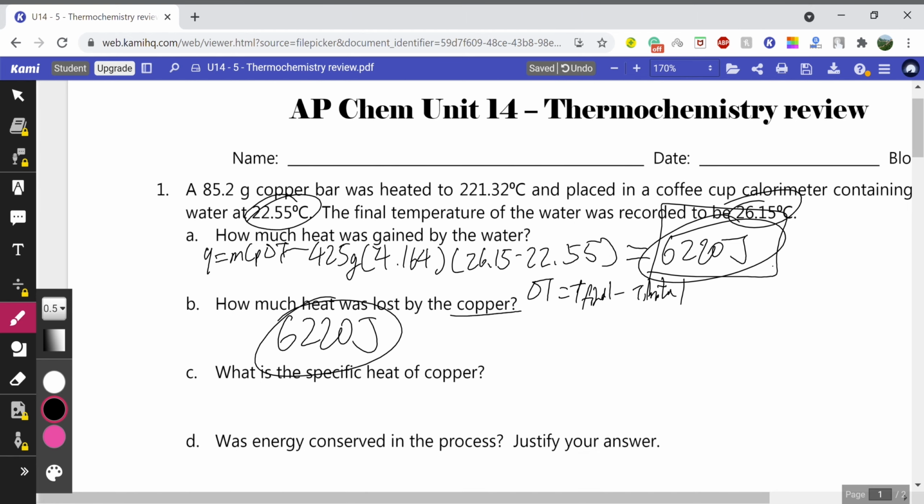Now, what is the specific heat of copper? Okay, for the specific heat of copper, we're going to use Q equals mCp delta T, where we're looking for Cp.